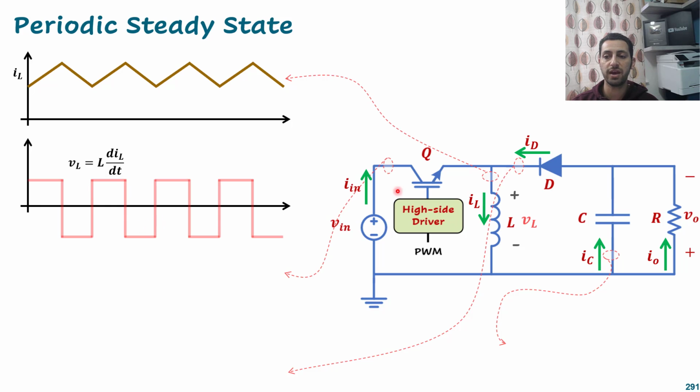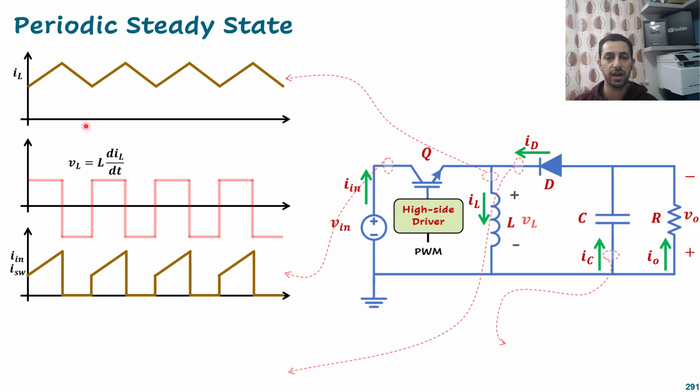When we look at the input current, or the switch current, because the input current and the switch current are the same, it will equal the inductor current exactly, which is this part here, when the switch is on. And it will be 0 during the off time of the switch. That means I have this portion copied there, which is the input current or switch current, and 0.